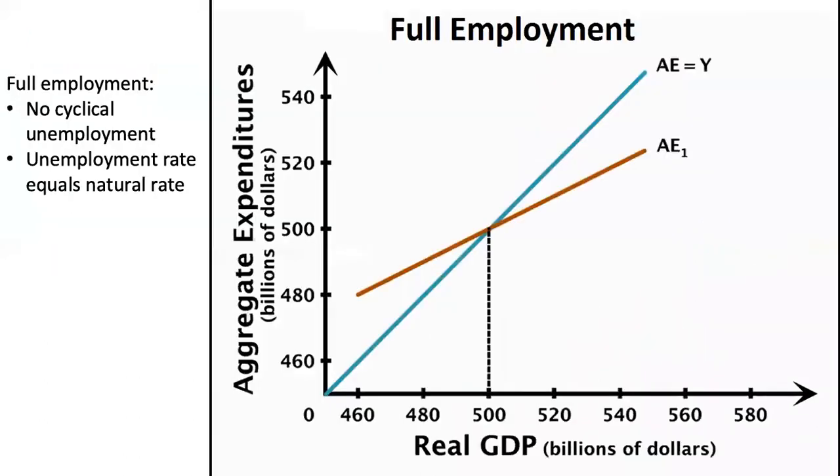The idea is that we have some sort of expenditure in the economy that represents full employment. This term full employment just means that our economy is operating at the capacity that it should. It means that we're at what's called the natural rate of unemployment, so there's no cyclical unemployment, which is that recessionary unemployment. It means that there just aren't enough jobs for people anymore.